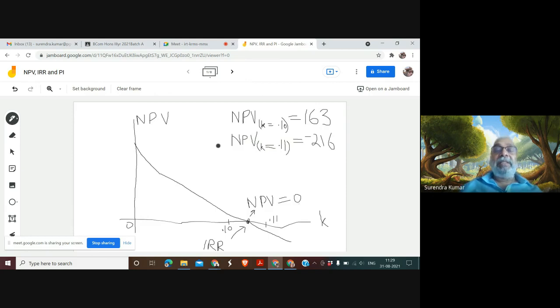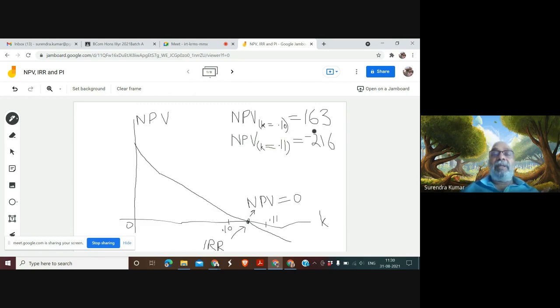And likewise, with the same data, if our discount rate is 11%, our net present value is coming out to be minus 216. So from this calculation, we know that somewhere between 10% and 11%, there is a rate where net present value will become 0. So we are trying to find out that rate.